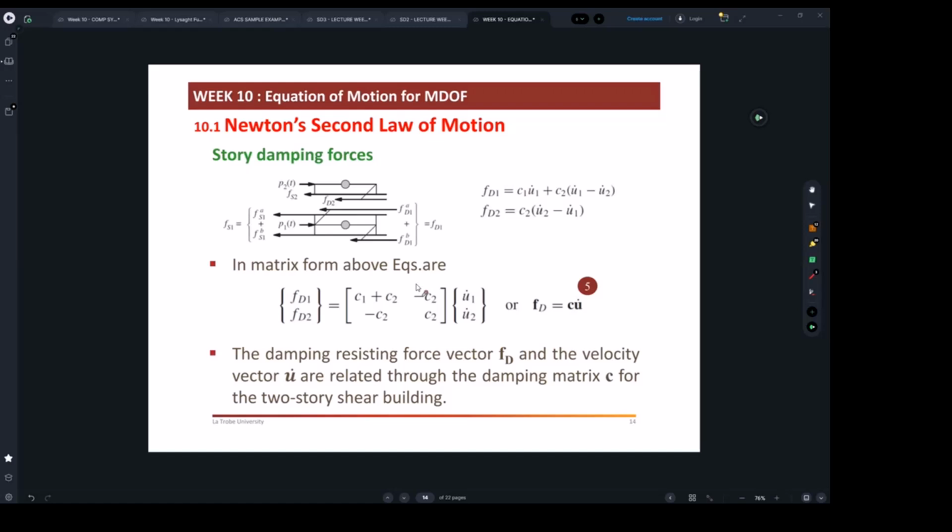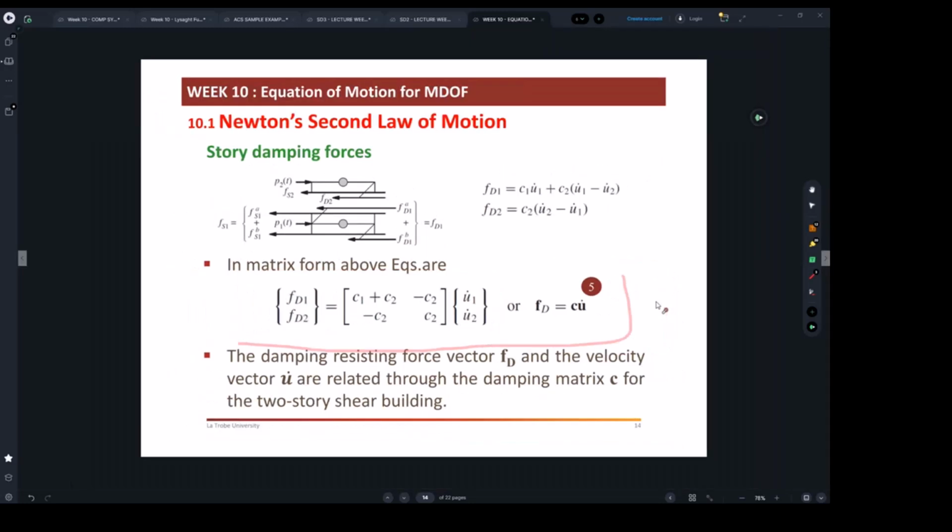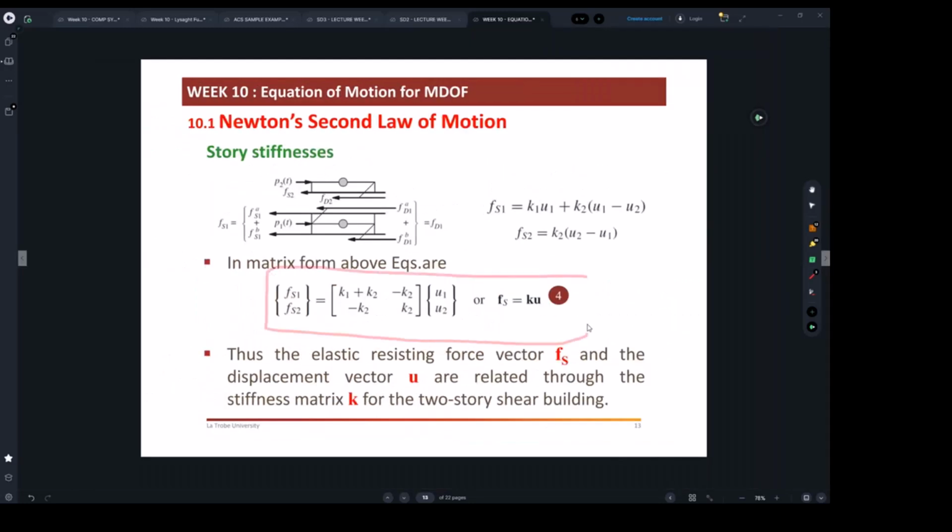We're always going to have, as I said from the start, maximum 2 degree of freedom systems, because it's too long to ask you to solve 4 degrees or 3 degrees. So we're going to always work with 2 degrees, and you will typically be using equation number 5 or equation number 4.